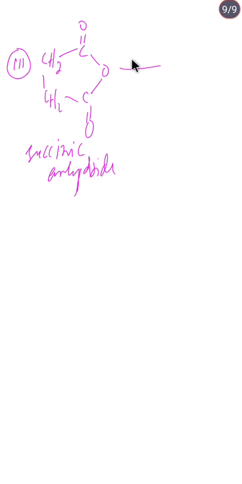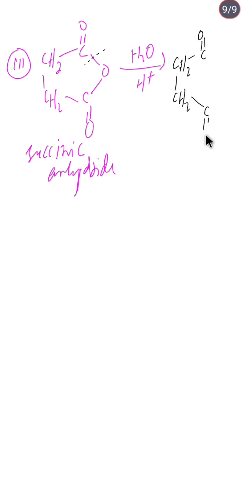And if it is reacted with water in presence of an acid, we will get this bond broken, so we will get CH2 CH2 C double bond O, C double bond O. Here OH will be attached, here also OH will be attached. So this is our succinic acid.